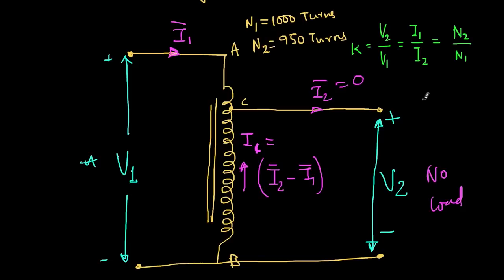Now when we apply this to this particular problem, we get a step down transformer, because the number of turns N2 is slightly less than N1. In this case, N2 is 950 and N1 is 1000. So the value of K will become 0.95.